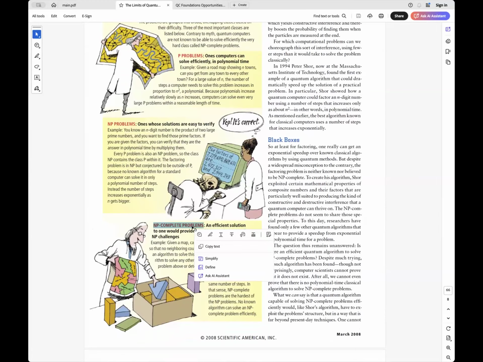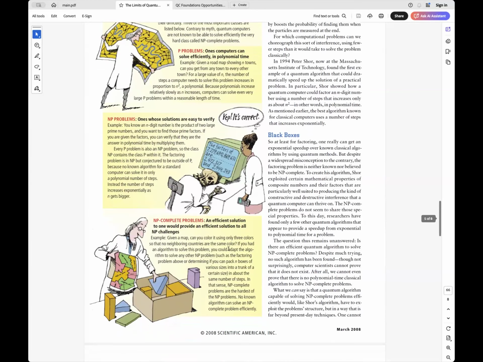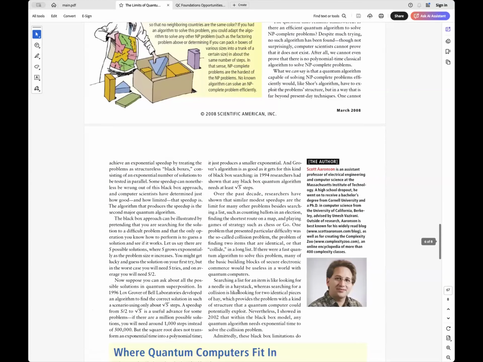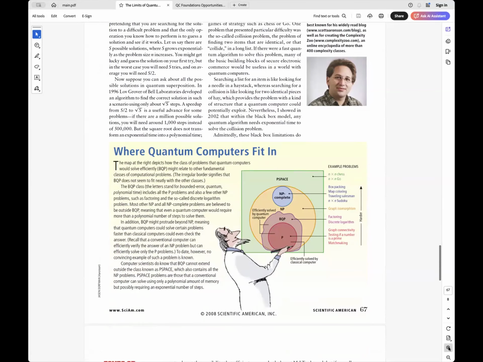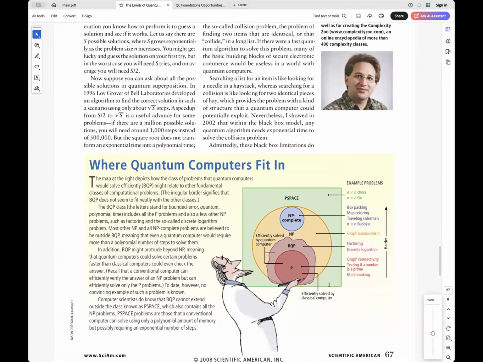And then there's a set of NP-complete problems, and those are a subset of NP where if you were able to efficiently solve one of them, then all of them could be solved very efficiently. This is explained here in detail. And what I find most helpful in this article is this figure.